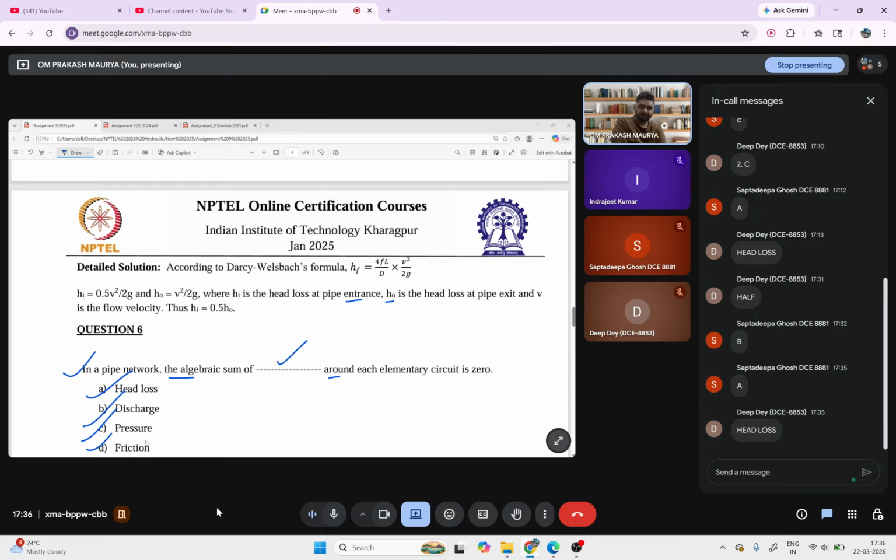Easy question, not very difficult. You have a pipe network and you are doing an algebraic sum, and you have one elementary circuit. So if you are summing discharge, pressure, friction and head loss, what will be the zero? Actually, this is one of your conditions for solving the network. So just think on that.